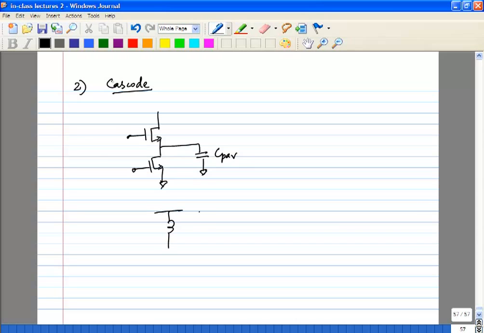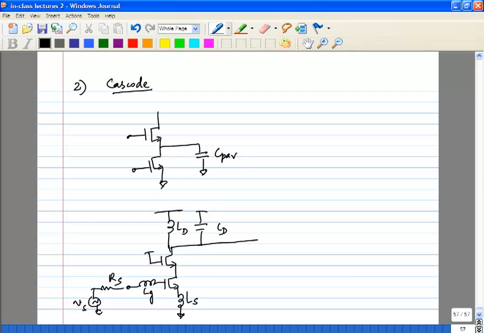we have, or we think we have, our common source amplifier, LNA. And of course you're going to drive it with Vs. This is your output.